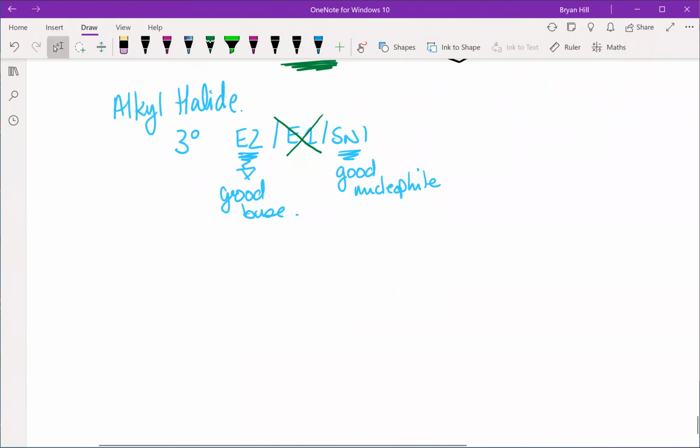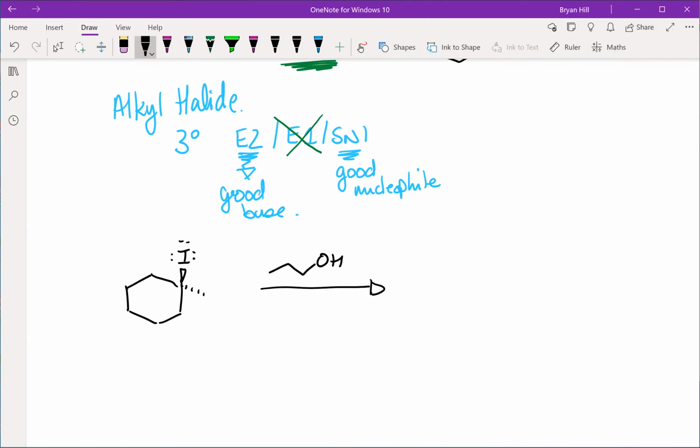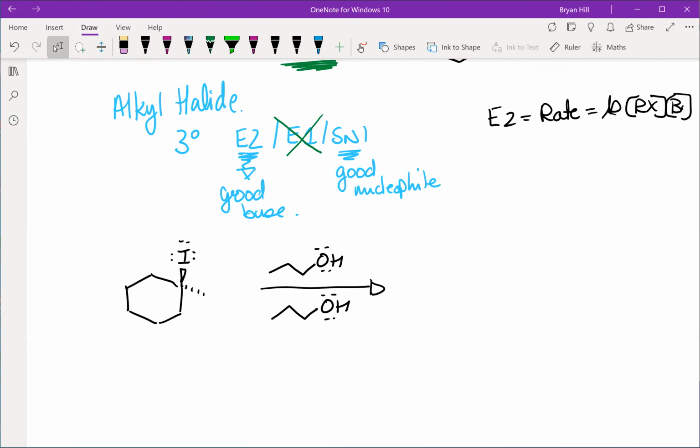We would use something which is, we want to remember E2, the rate is some rate constant times concentration of RX times concentration of base.